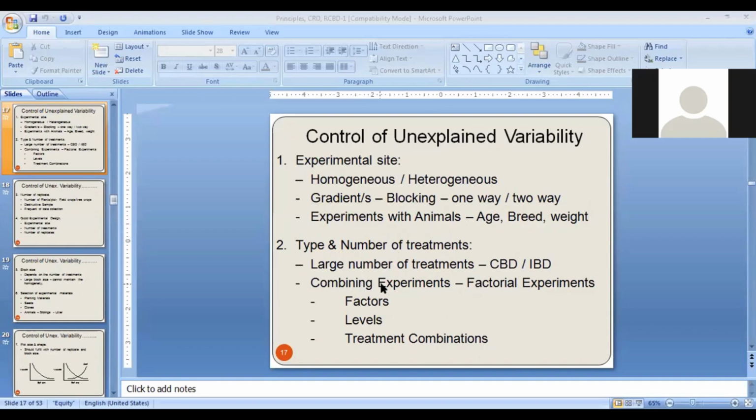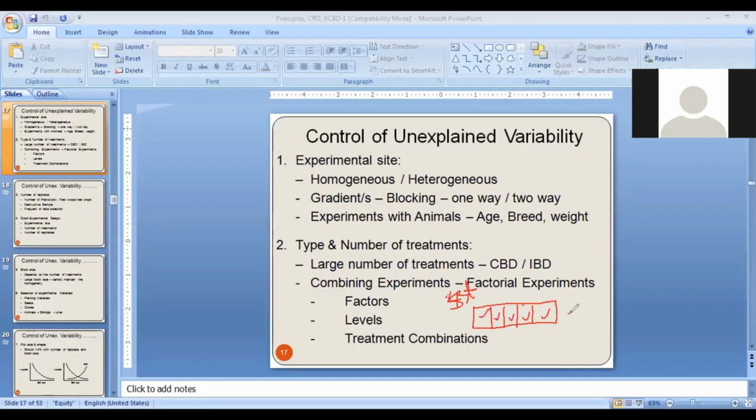I have talked about this last time also. If you have large experimental units, then we don't have a problem. But let's say I have 5 treatments: 1, 2, 3, 4, 5.